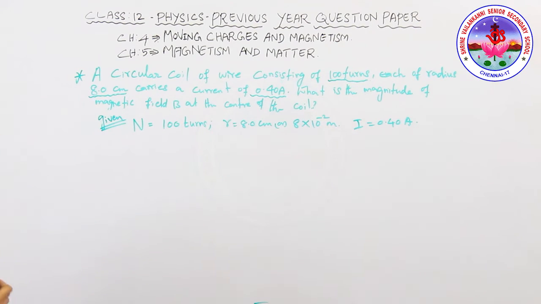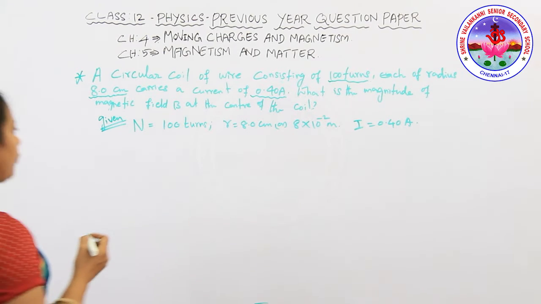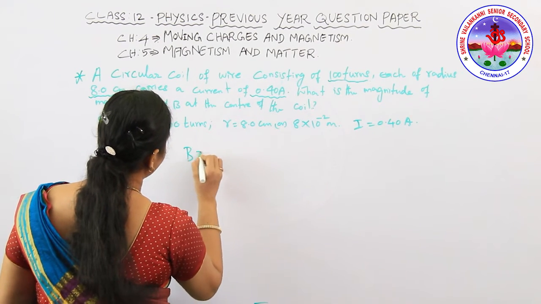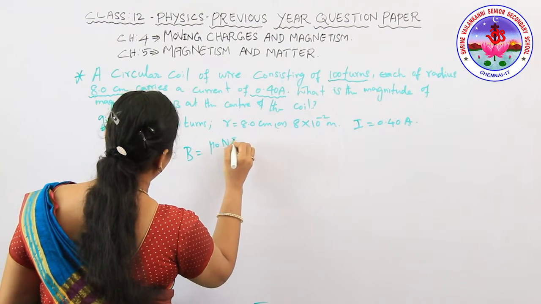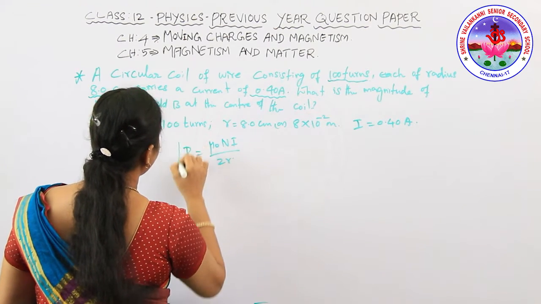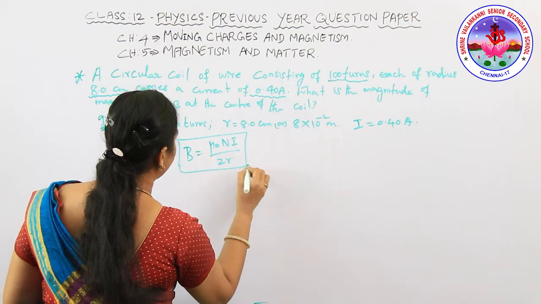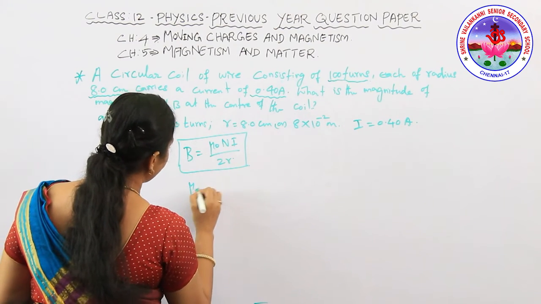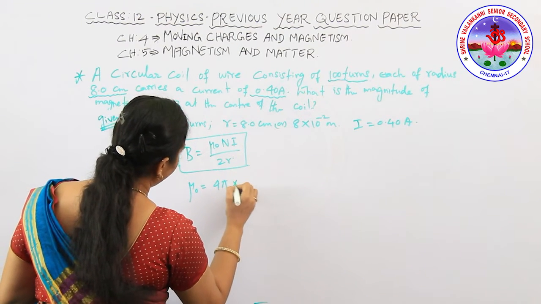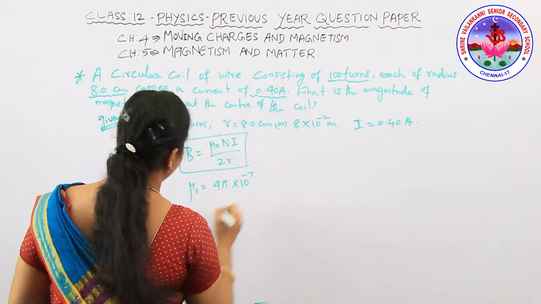So here, to know the magnitude of the magnetic field B, the formula is B equal to mu naught N I by 2R. If you apply the formula, you will get the value. Mu naught value is 4 pi into 10 power minus 7.